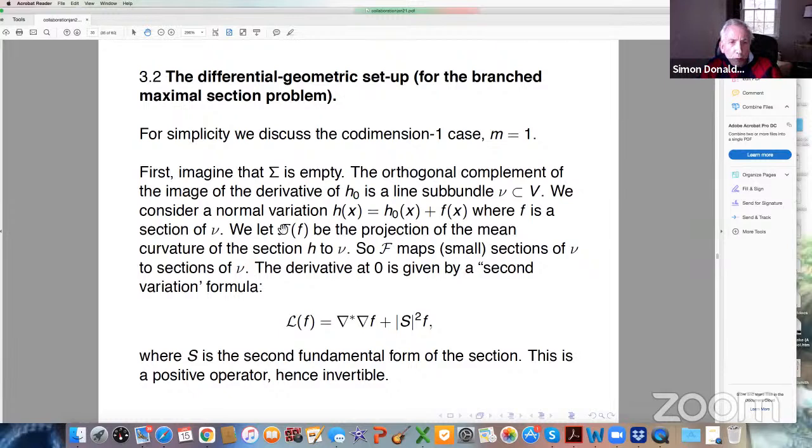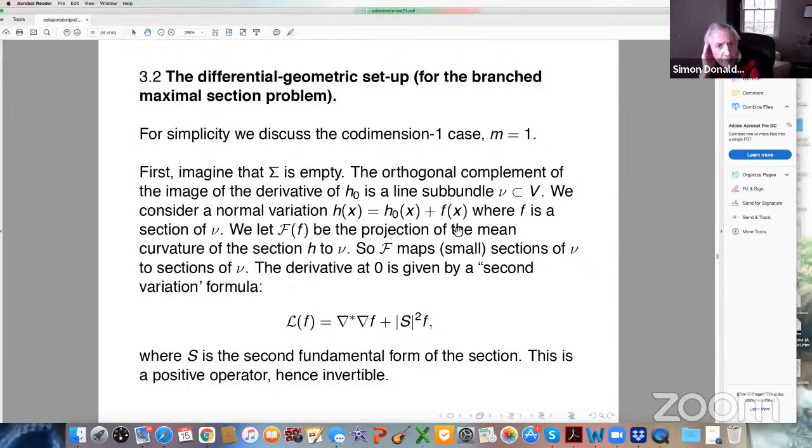Then the equation we want to solve is the vanishing of the mean curvature. This is always normal to any submanifold. So if f is sufficiently small, it is uniquely determined by its projection to the original normal, nu. So we define curly F of f to be given by the projection of the mean curvature of the nu section to the direction nu.